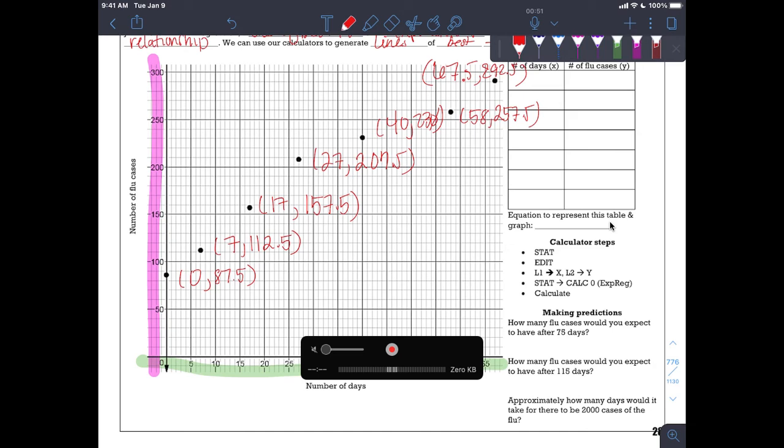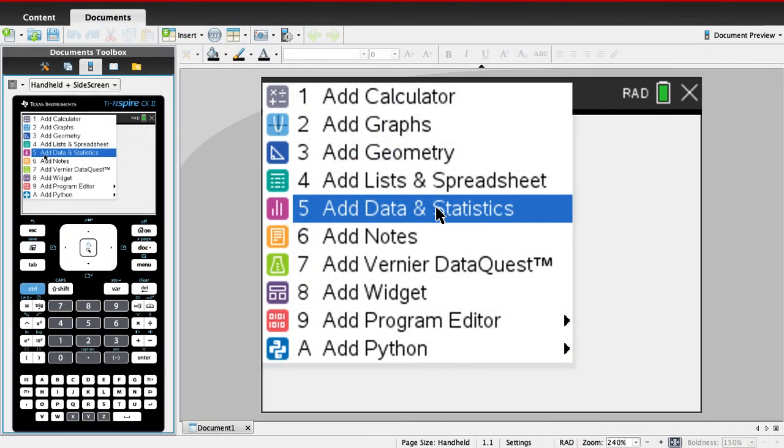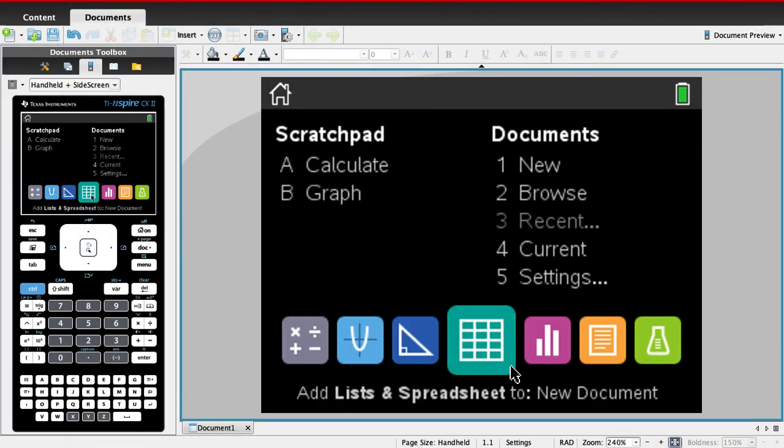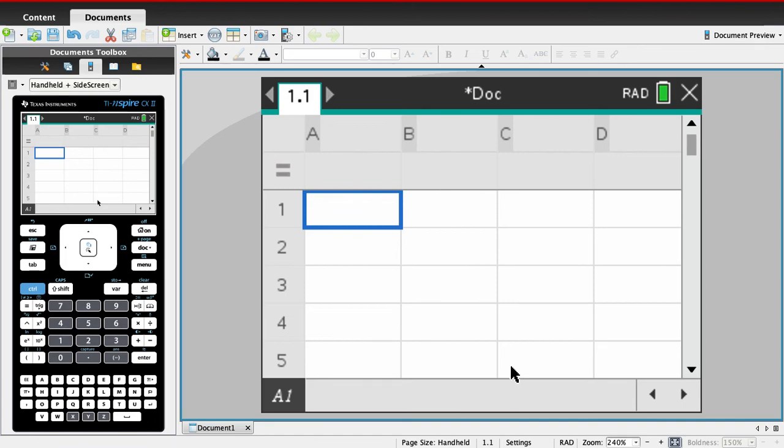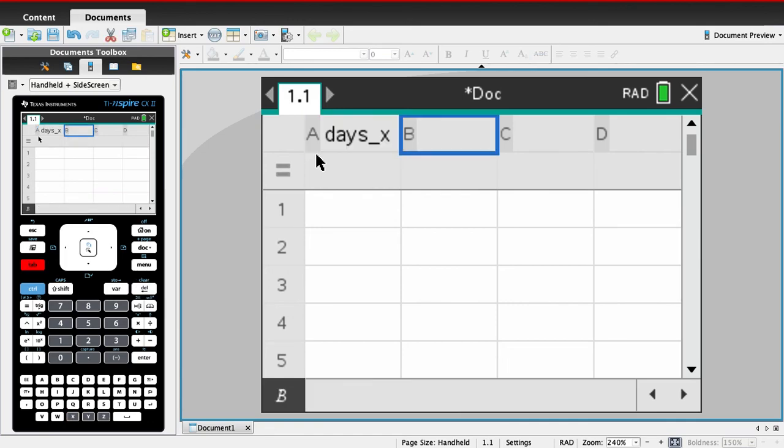Now, of course, I could drop all of these into my chart to get them nice and organized. However, we're super smart. We already know that all of my values out here are going to be my x's, and all of my values over here are going to be my y's. So let's drop these into my calculator. I'm going to open up a new spreadsheet. I'll call this my days, also known as my x's, and my cases, also known as my y's.